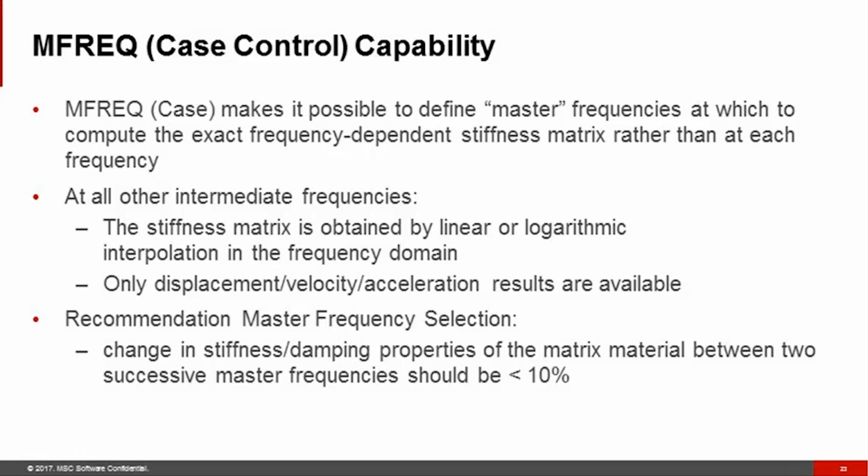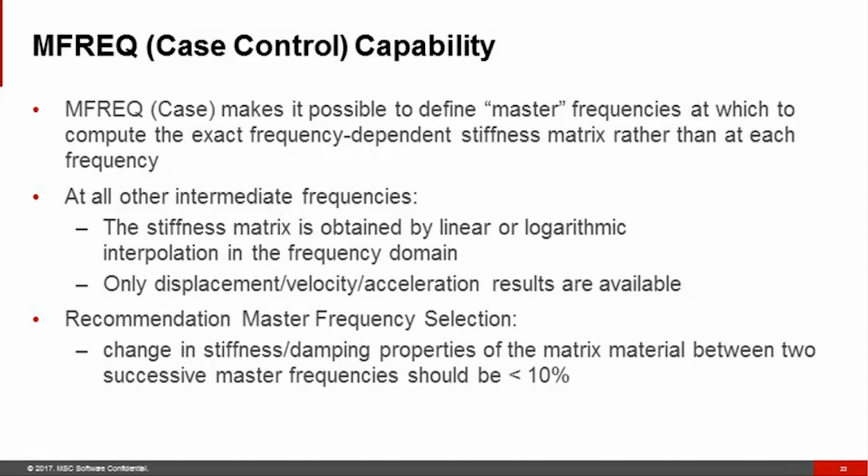So in 2018, master frequencies are defined automatically, so the user does not have to do anything once the frequency-dependent materials are assigned. For all other intermediate frequencies, the stiffness matrix is obtained by a linear or logarithmic interpolation in the frequency domain. Only displacement, velocity, and acceleration results are available.